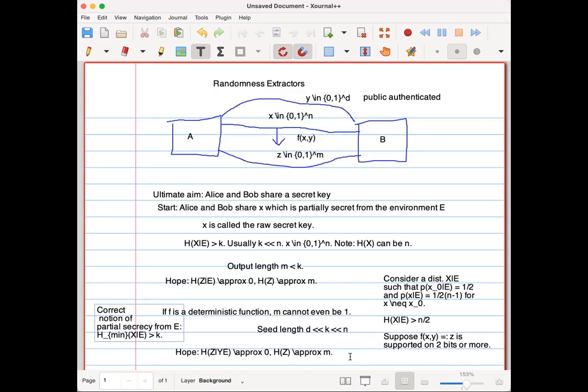And that makes sense because Y comes later. So the notion of partial secrecy of the raw key from the environment can only involve X and E. No, I'm not talking about the min entropy definition. I'm talking about the earlier hope that H of Z given Y is approximately 0. Shouldn't it be just the other way around, that it should be large? No, H of Z given Y should be small.